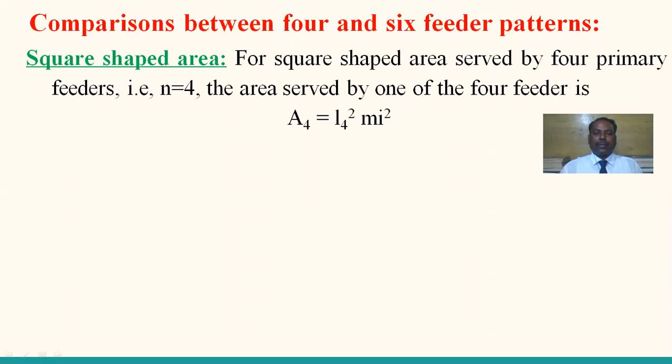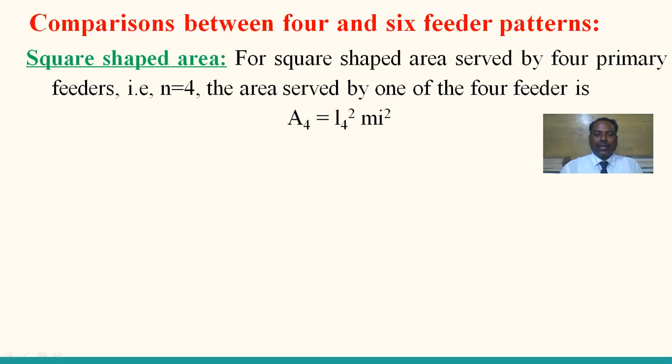The feeder is in the center of the 90 degrees, so the angle is 45 degrees. For the square-shaped area served by 4 primary feeders, that is n equal to 4, the area served by one of the 4 feeders is A4 equal to L4 square miles squared.